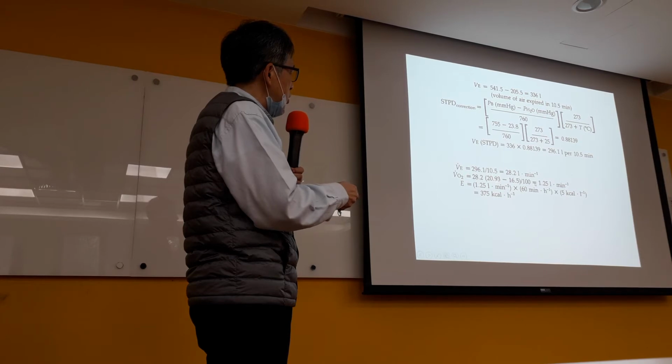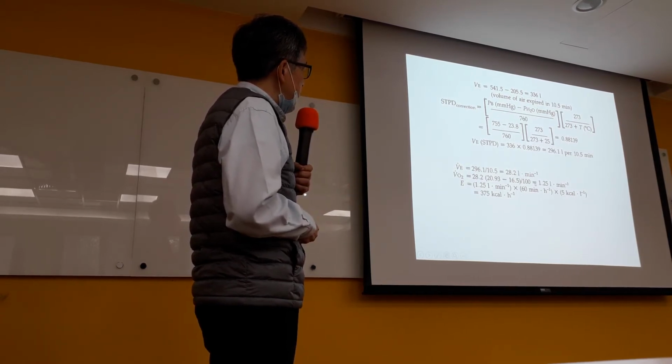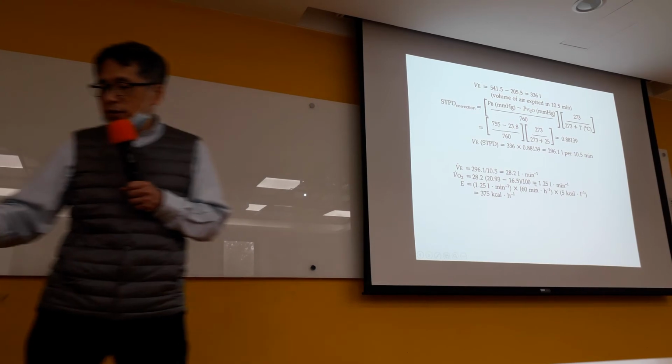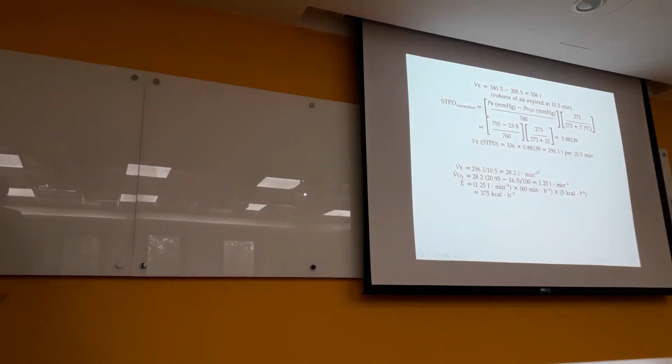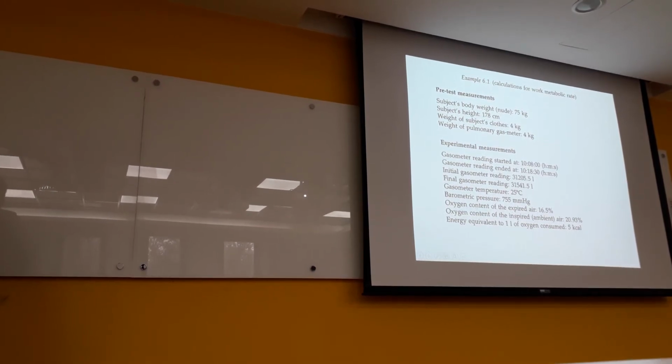20.93 is the fraction of oxygen in the fresh air. 16.5 is the fraction of oxygen in the expired air. So that means some oxygen has been utilized, right?